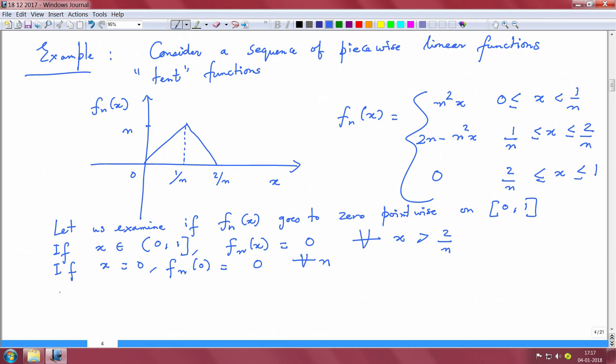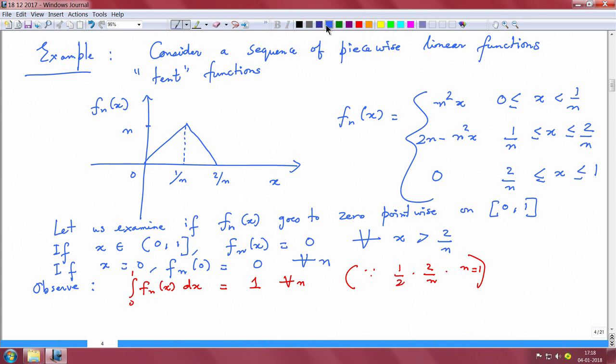So, one thing that you need to observe is that the integral from 0 to 1 of f_n(x) dx equals 1 for all n. This is because you are looking at the area of the tent function here, which is half times the base, 2/n, times the height, n, and this evaluates to 1.